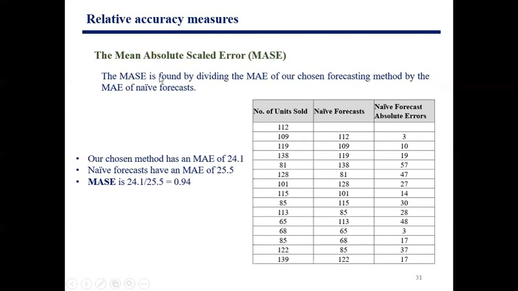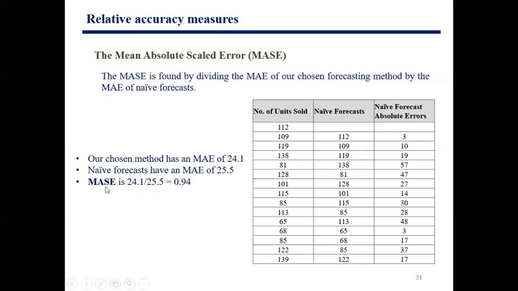So here, the MASE is found by dividing the mean absolute error of our forecasting method by the mean absolute error of the naive forecast, meaning the one given by the benchmark. For our chosen method, we have a mean absolute error of 24.1, and for the naive forecast, it's 25.5.